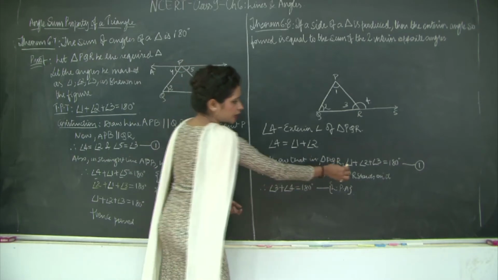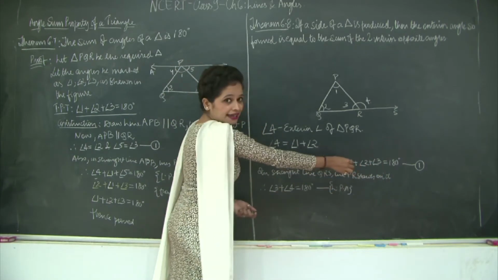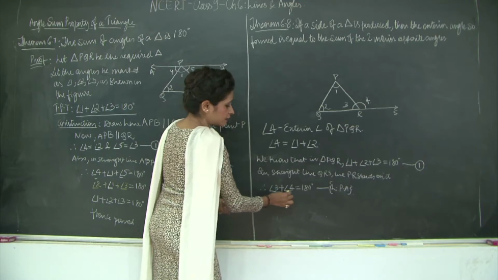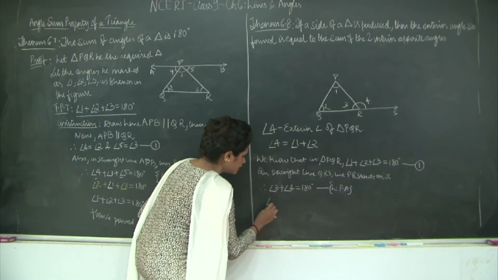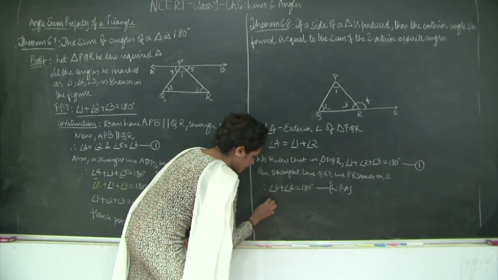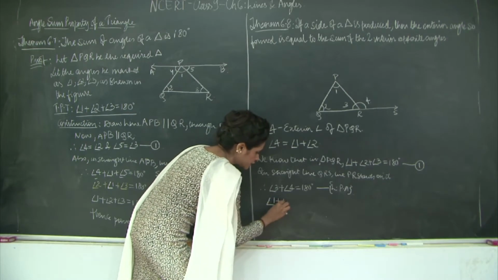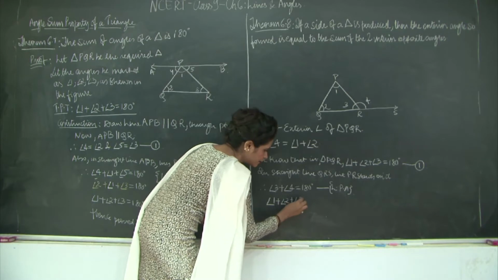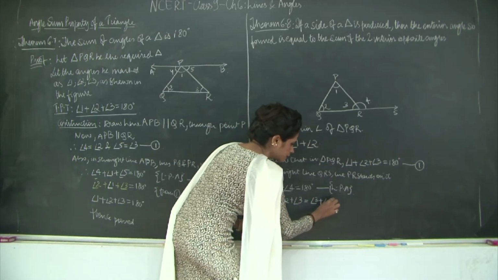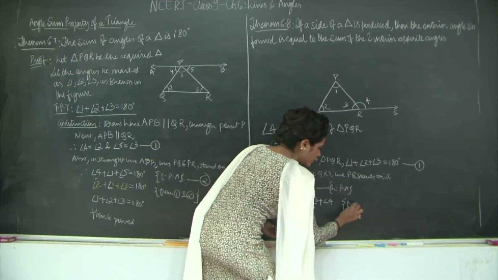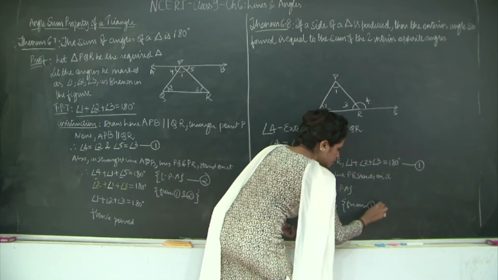From 1 and 2, I get angle 1 plus angle 2 plus angle 3 is equal to angle 3 plus angle 4, isn't it? So, therefore, I have angle 1 plus angle 2 plus angle 3 is equal to angle 3 plus angle 4 from 1 and 2.